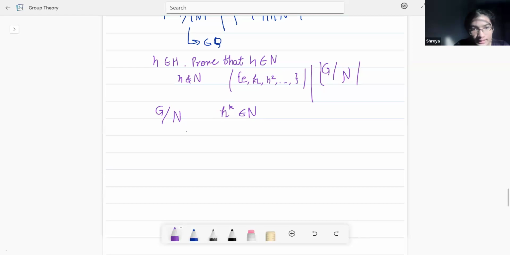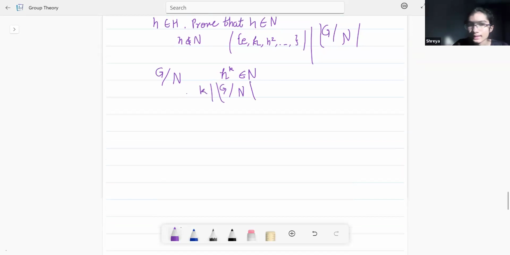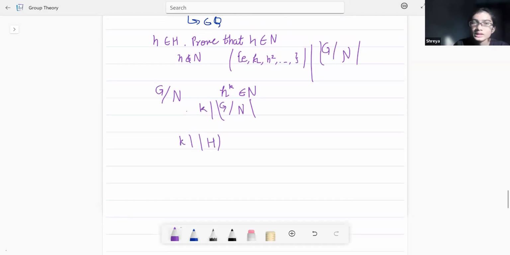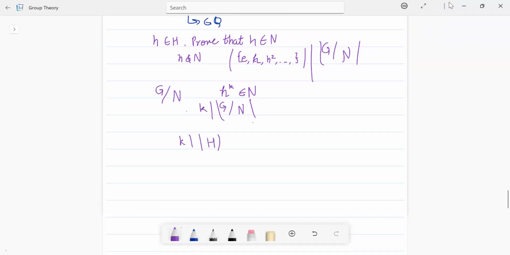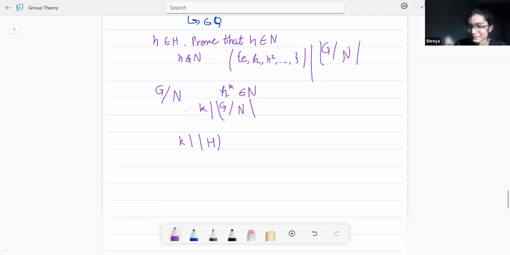And then the point is that k divides cardinality of G mod N. And you can also prove that k divides the cardinality of H. Why does it divide the cardinality of H?